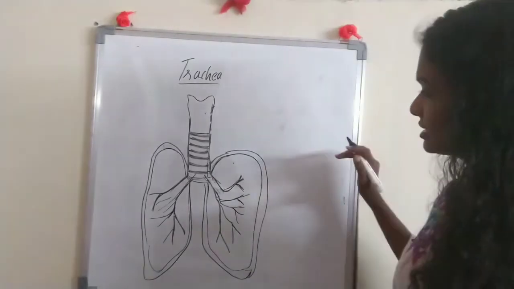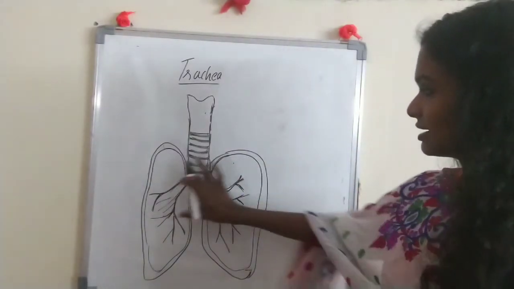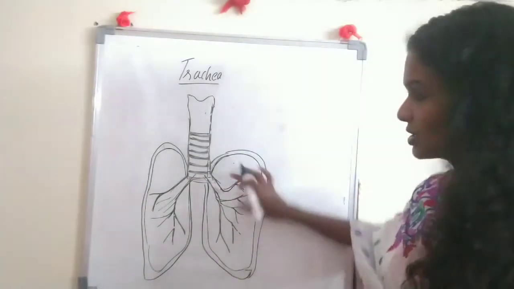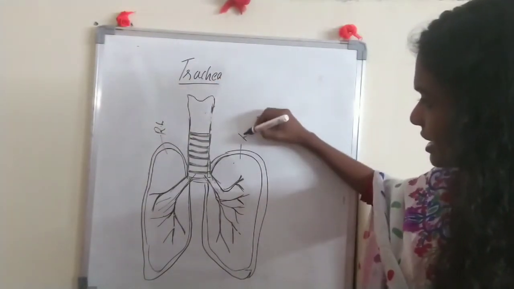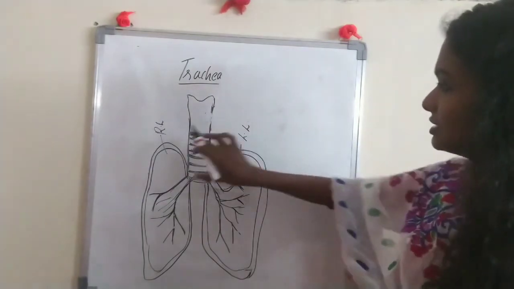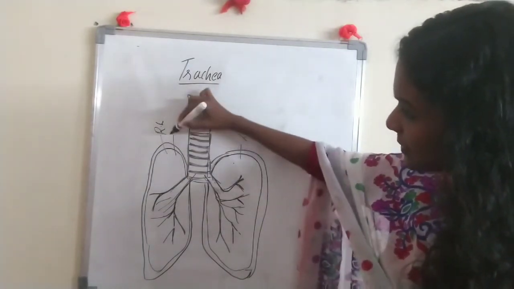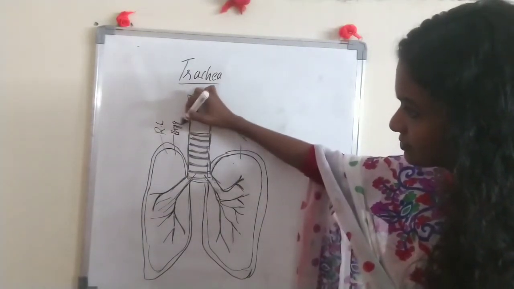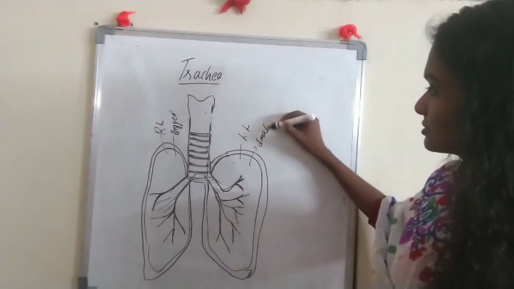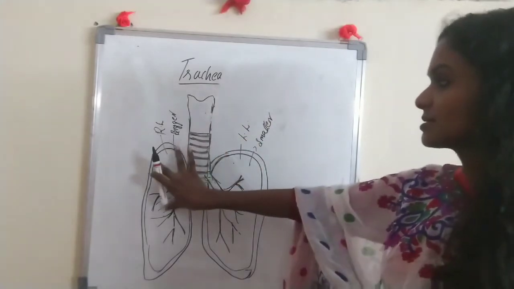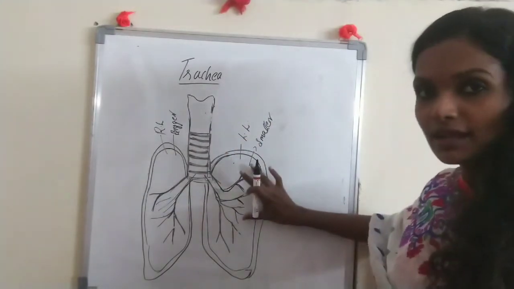We'll see about the lungs. Okay. So these are the lungs, two lungs. This is the right lung, this is the left lung, and this right lung is a little bit bigger than the left lung. Okay, so this is bigger than the left lung.